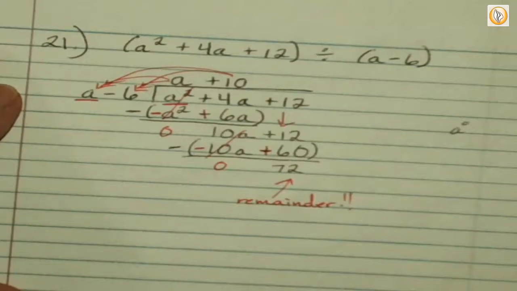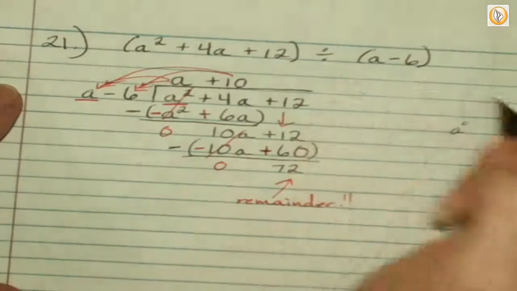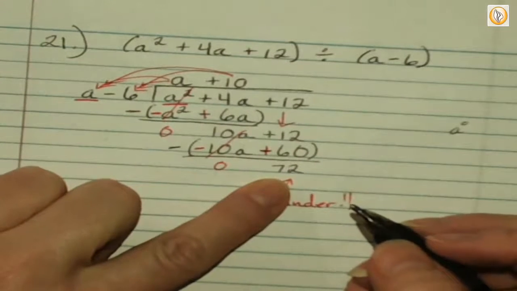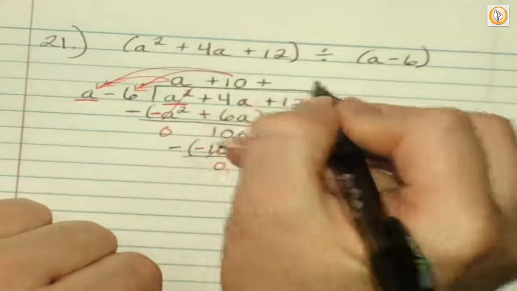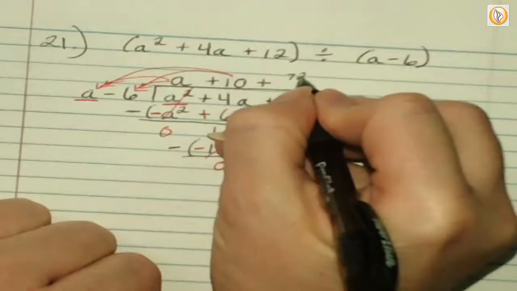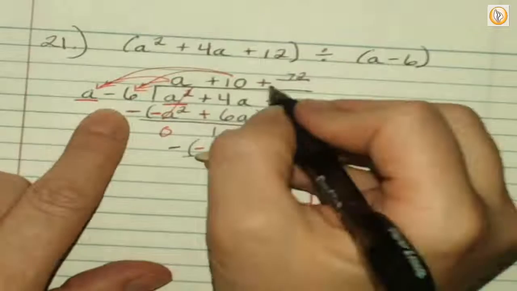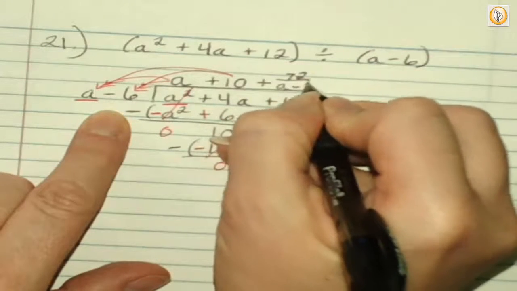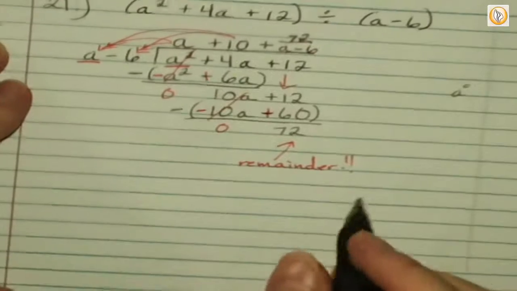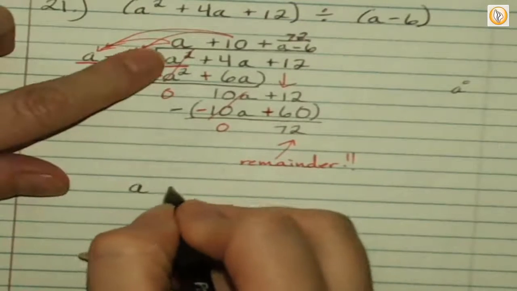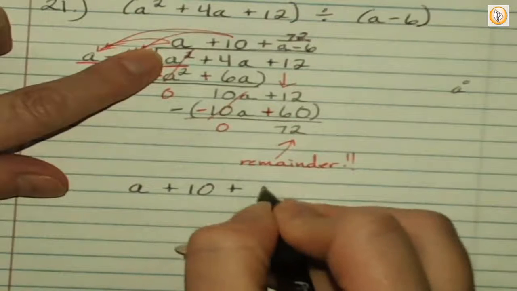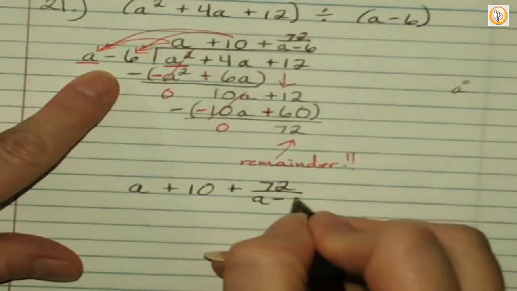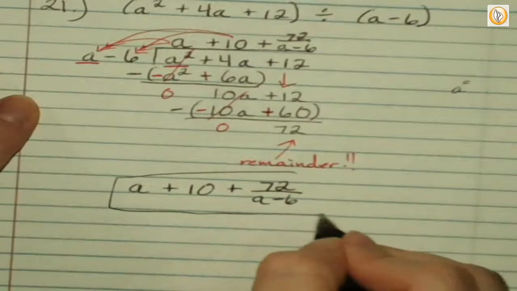Boys and girls, this is what you do. Is this a positive or negative 72? Positive. So I'm going to put plus 72 over the divisor. So 72 over a minus 6. So I'm going to rewrite that answer. A plus 10 plus 72 over the divisor, a minus 6. That is your answer.